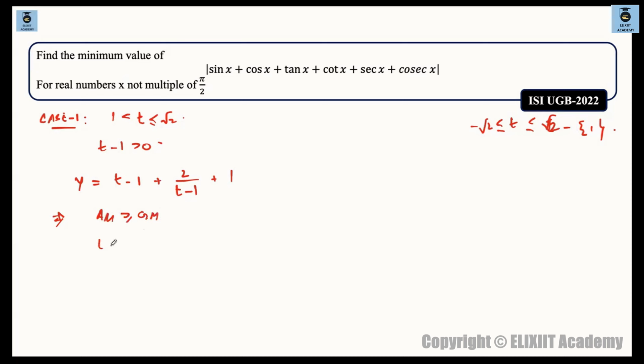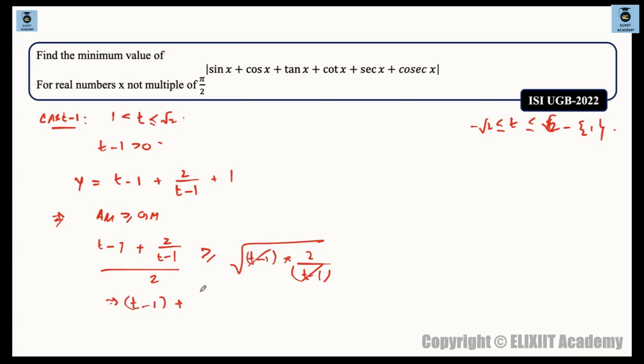So (t minus 1 plus 2 upon t minus 1) divided by 2 is greater than or equal to root over of t minus 1 times 2 upon t minus 1. So this quantity is greater than or equal to 2√2.